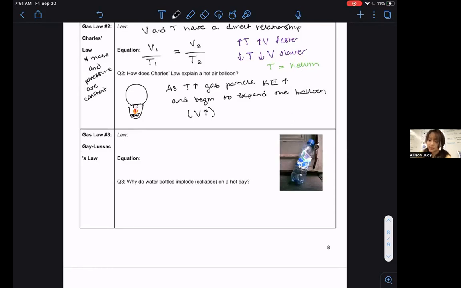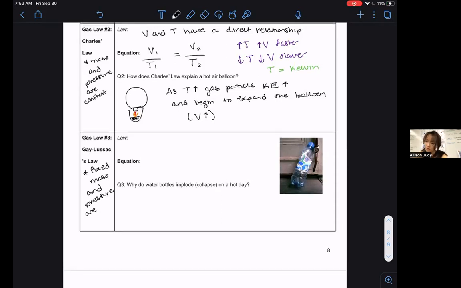So the law tells us that when you have a fixed mass or amount and constant volume, we say that pressure and temperature have an indirect relationship.